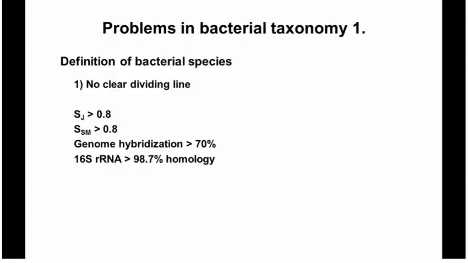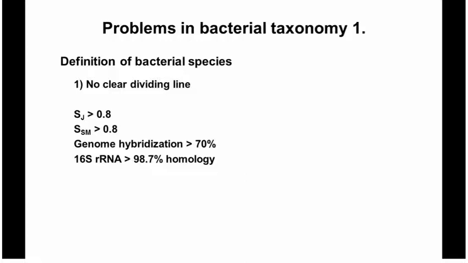There are some problems in bacterial taxonomy, okay, to determine bacterial species. The problem is there's no clear dividing line, okay? So for this kind of taxonomy based on sharing characters, the idea is, if these matching coefficients are greater than 0.8, we can say they're the same species.